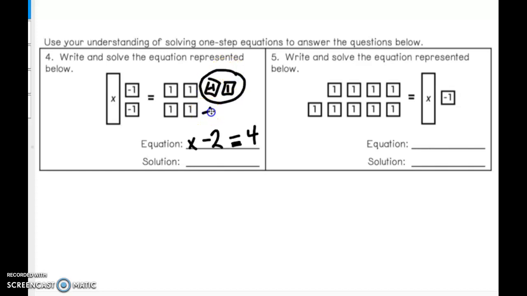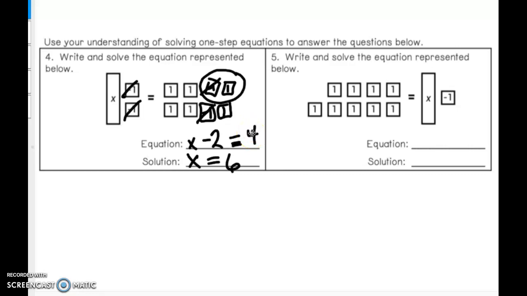So I also need to add one more here. Now I can get rid of 1 here, and the same negative 1 here. So now we have x is equal to 1, 2, 3, 4, 5, 6. And if we put 6 back in here, 6 minus 2 is 4.